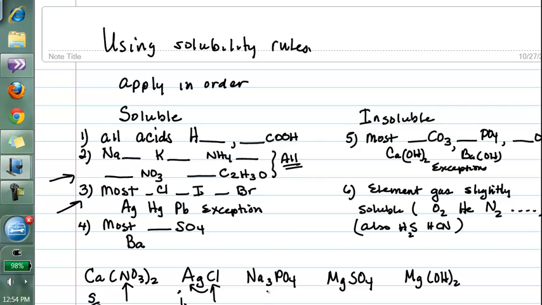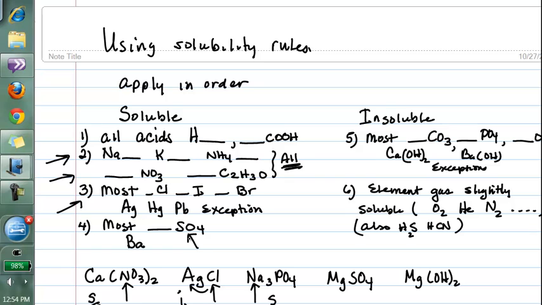The next one is sodium phosphate, and we know that the first thing we see is the sodium. And notice that you see sodium in Rule 2, and all sodium compounds are soluble. So we stop here. This compound is soluble. The next one is magnesium sulfate. We don't see magnesium in the list, but we do see sulfate.